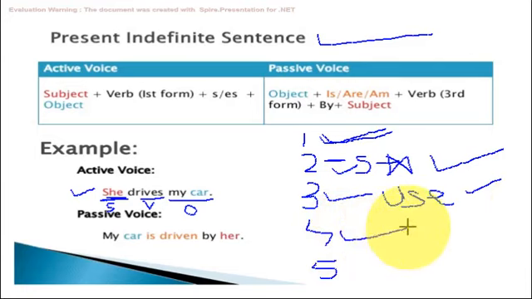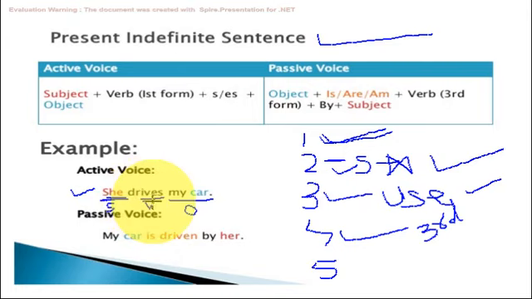Then, after interchanging words, you have to use the third form of verb. Whatever verb is there, you have to use its third form. Now see here, you will see drives, and what it becomes: drives, drove, driven.